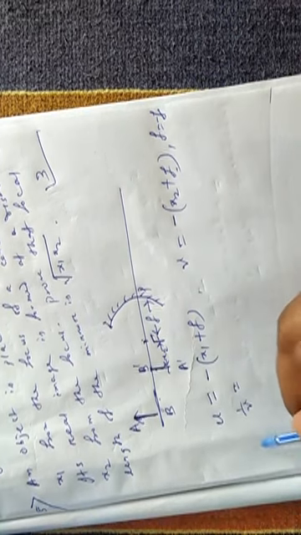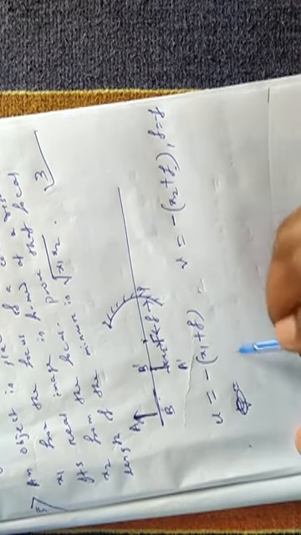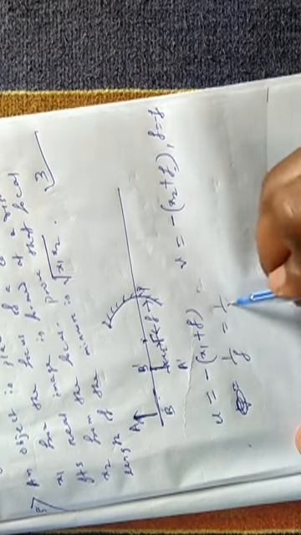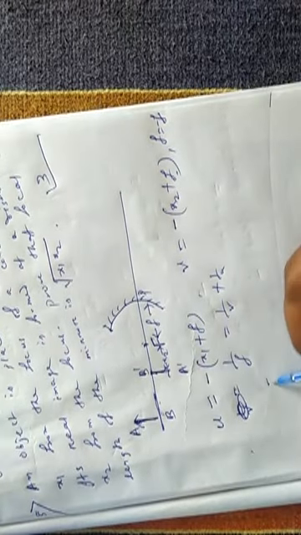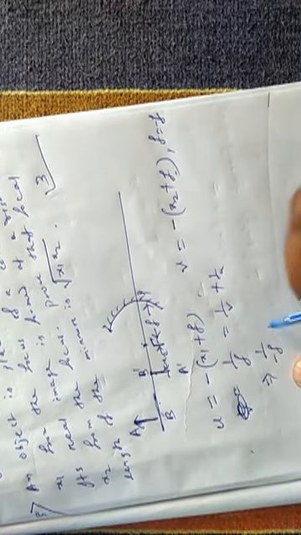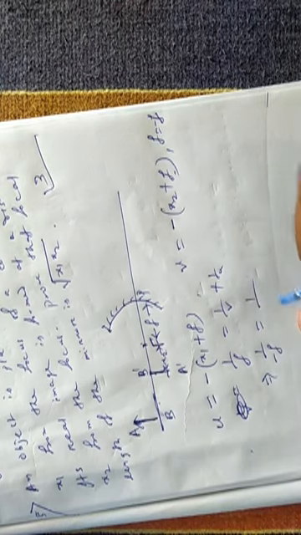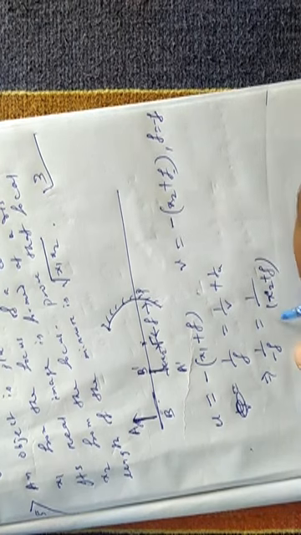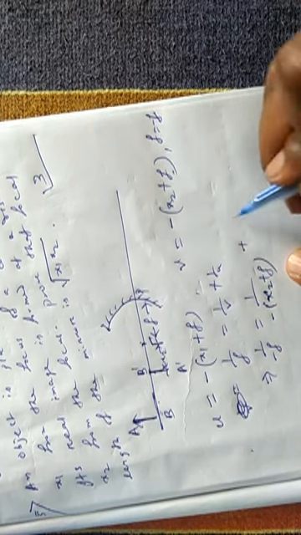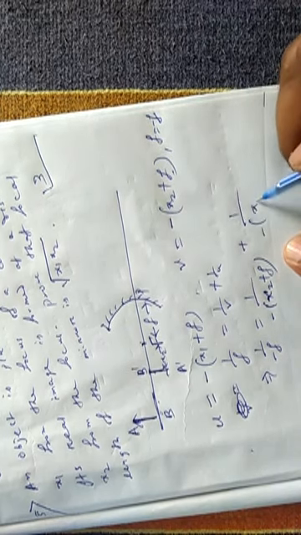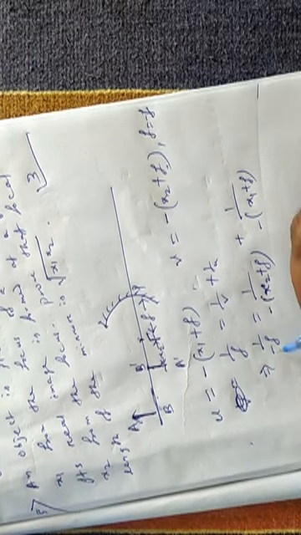1 by f is equal to 1 by v plus 1 by u. So we get 1 by minus f is equal to 1 by minus x2 plus f plus 1 by minus of x1 plus f, implies negative cancel.